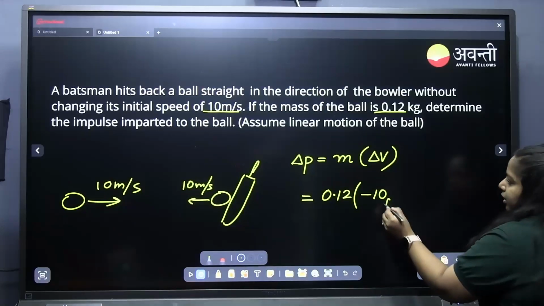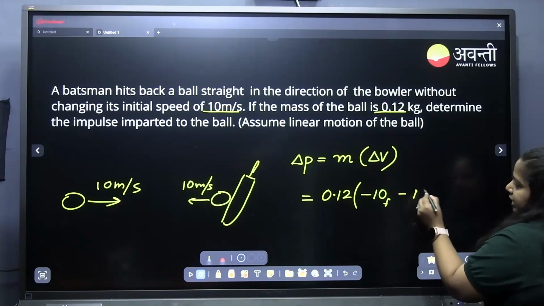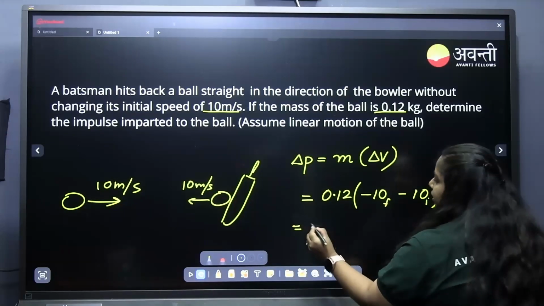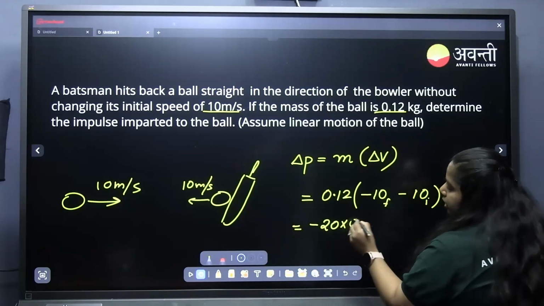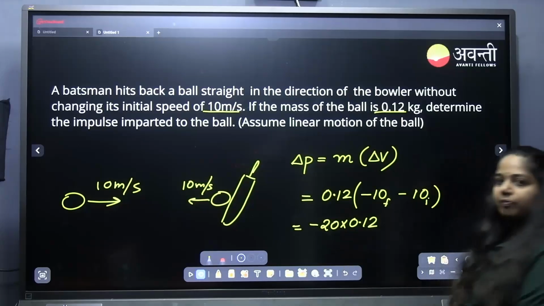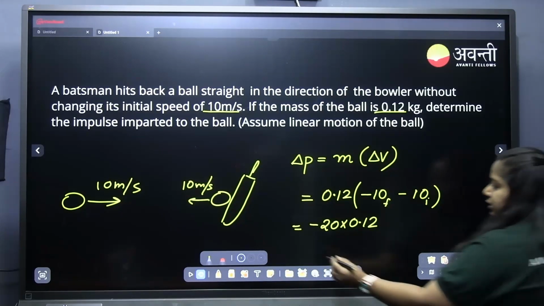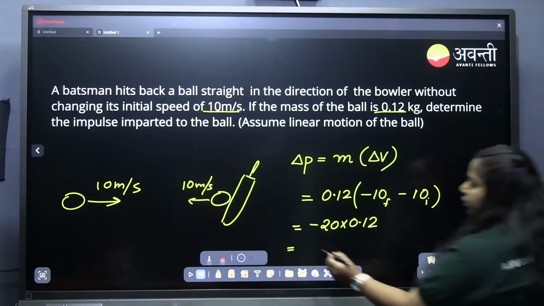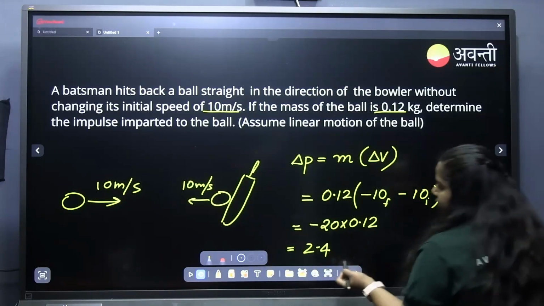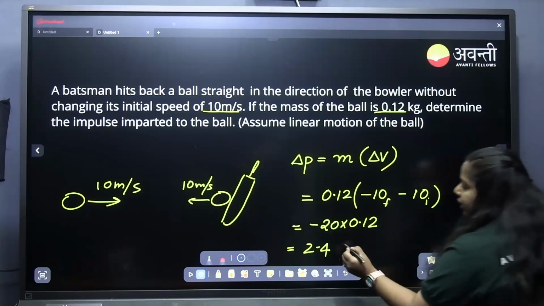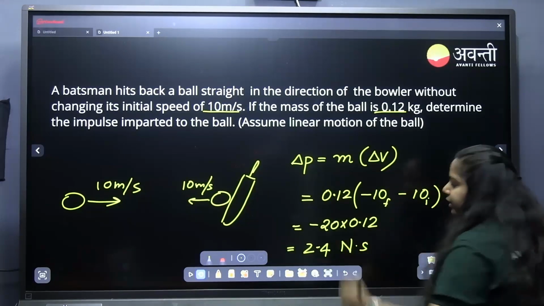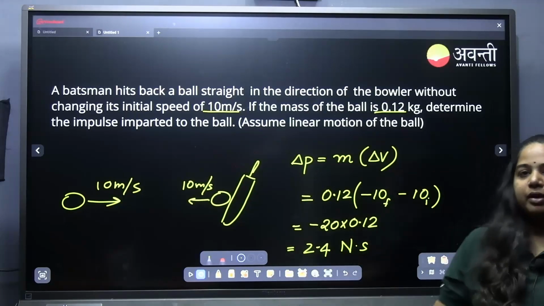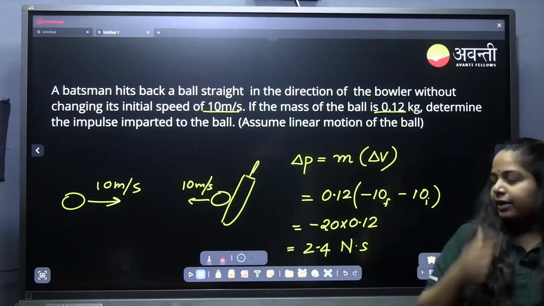So final minus initial, that is minus 10 minus 10, which is minus 20. So we get minus 20 into 0.12. Multiplying this, 1.2 into 2, that is 2.4. The unit is Newton second, because impulse is equal to force into time, that is Newton second. So this is the answer.